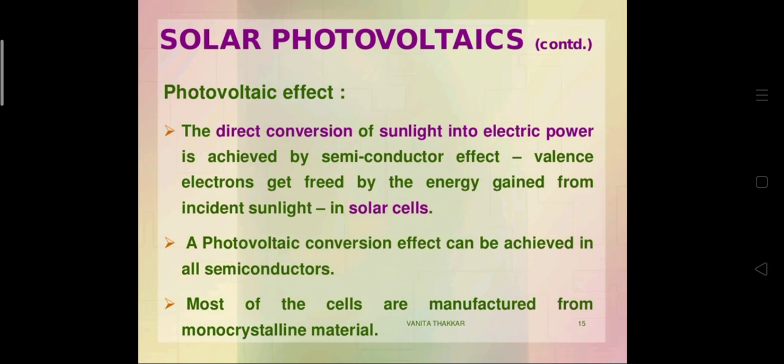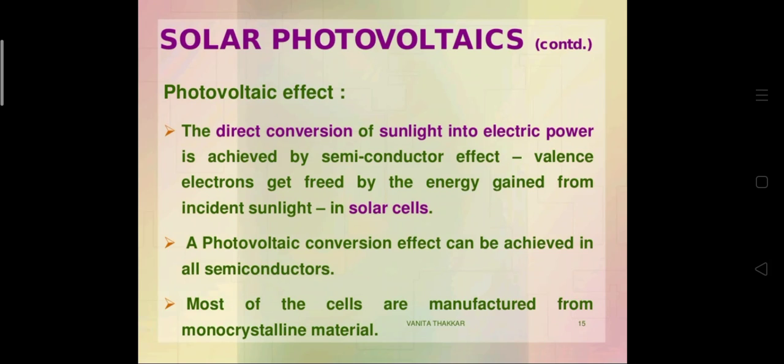The photovoltaic conversion effect can be achieved in all semiconductors. We can use very cheap semiconductor devices. These are silicon surfaces; we are using silicon here. So in solar cells, solar energy is converted into electricity using this photovoltaic effect.